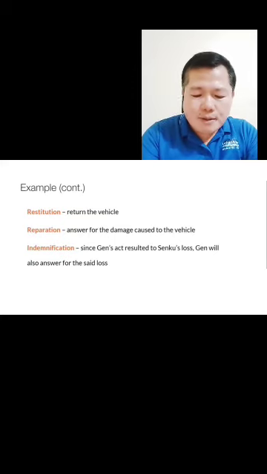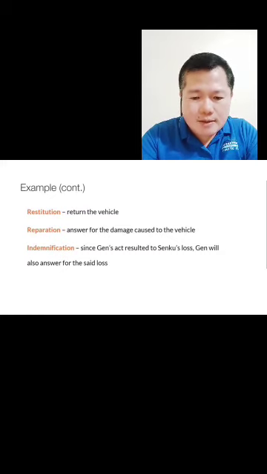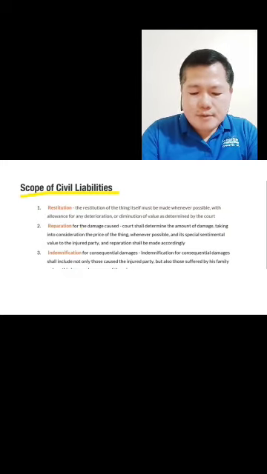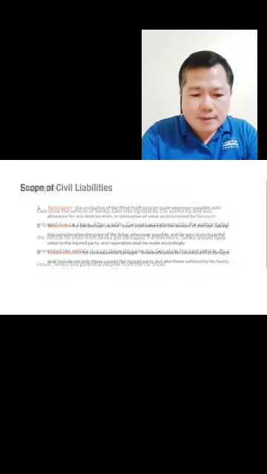Let's read: reparation for damage caused. The court shall determine the amount of damage, taking into consideration the price of the thing when possible and its special sentimental value to the injured party, and reparation shall be made accordingly.